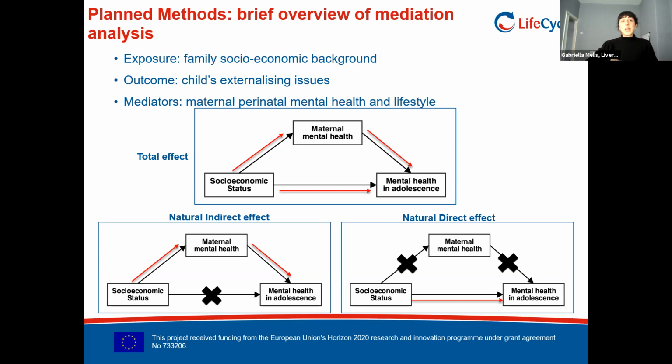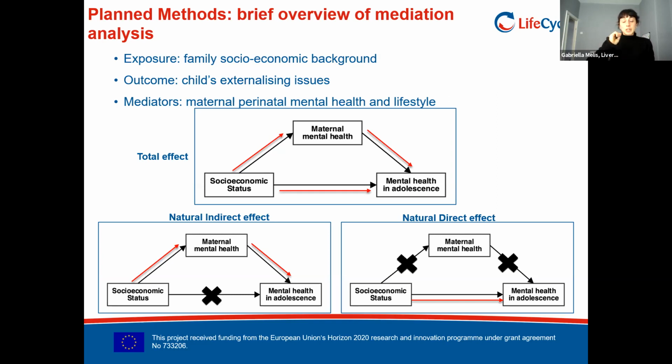Therefore, in this way, we compute the natural indirect effect as the increased risk of mental health problems that we would see if the socioeconomic conditions were fixed at the top of the socioeconomic conditions hierarchy, but at the same time, in this model, the mediators were fixed at those that would naturally occur at low socioeconomic conditions.